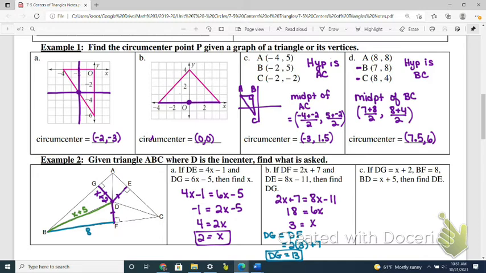So again, we know that DG is the same as DE, which is the same as DF. So this is also x plus 2.